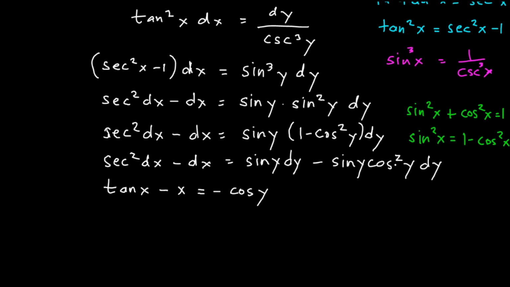U squared. The integral of u squared is u cube over 3. So, ang mangyayari, ang u natin ay cosine. So, plus cosine cube y all over 3 plus the constant. So, ito na yung ating solution ng differential equation.